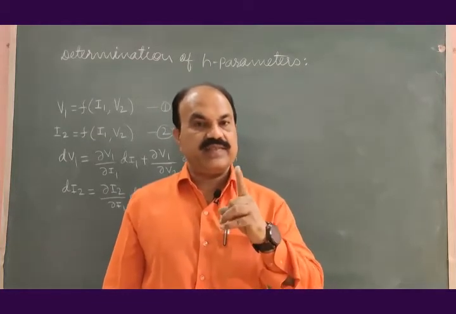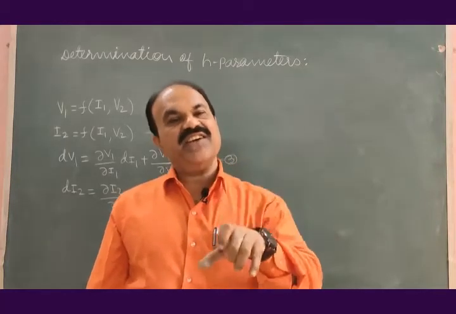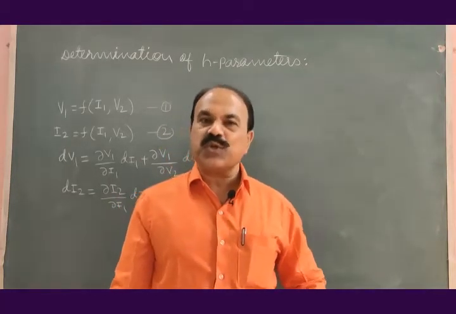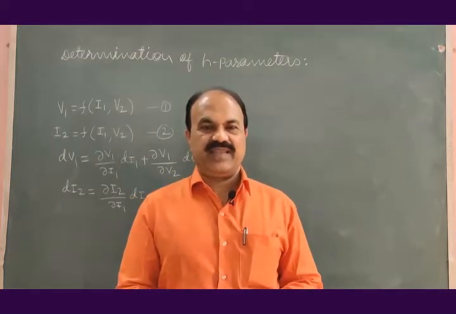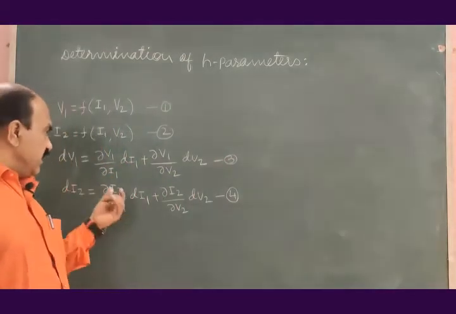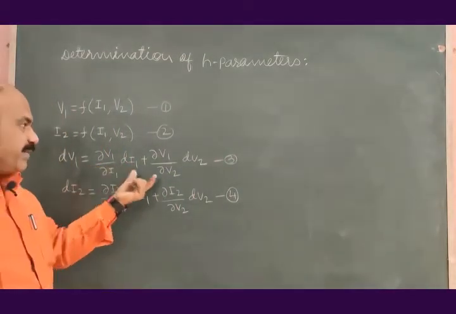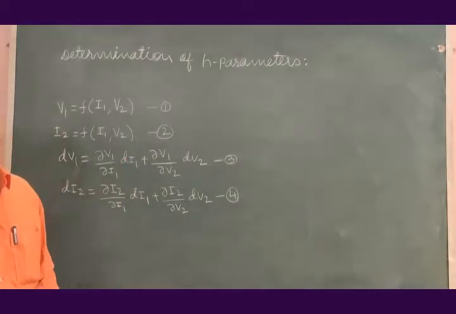And if working of the transistor is restricted in the linear region, these slopes will be constants. As these slopes will be constants, let us replace the partial differentials by some constants.